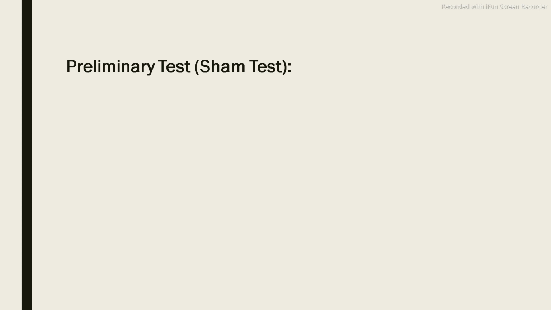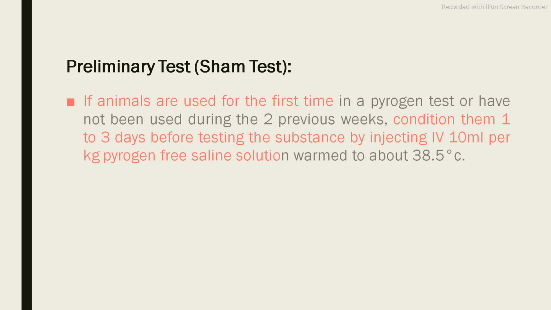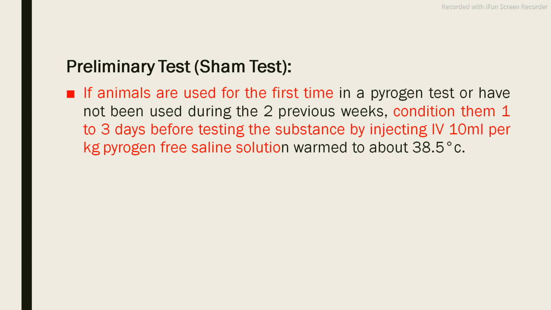Preliminary test. Before going for the test, first we have to go for a preliminary test, which is also called the sham test. Which animals can we use? If animals are used for the first time or have not been used during the previous two weeks, we use them for the preliminary test and condition them for 1 to 3 days before testing.